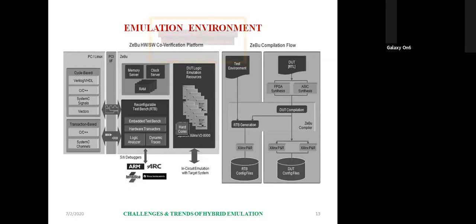For multi-million lines of RTL, if you want to debug it, you have to connect your emulator to external equipment like an oscilloscope or spectrum analyzer. You can do it. And this is the design under test logic emulation resources. So you will have a bidirectional in-circuit emulation with the target system.